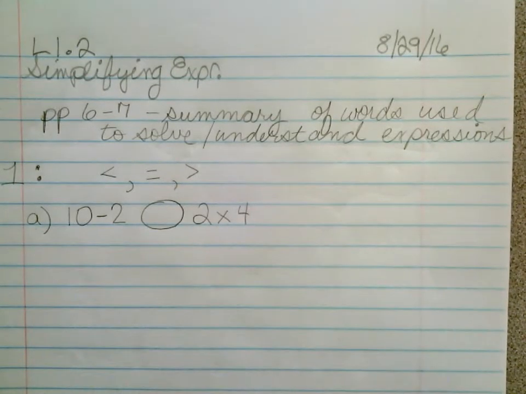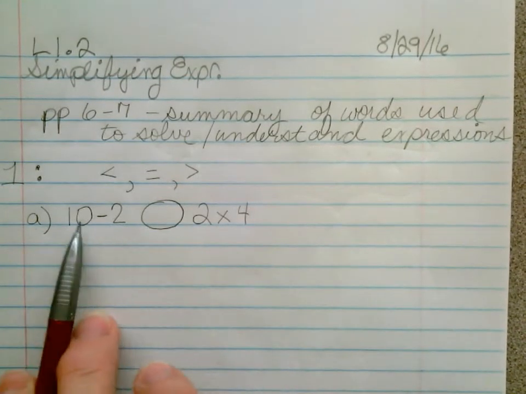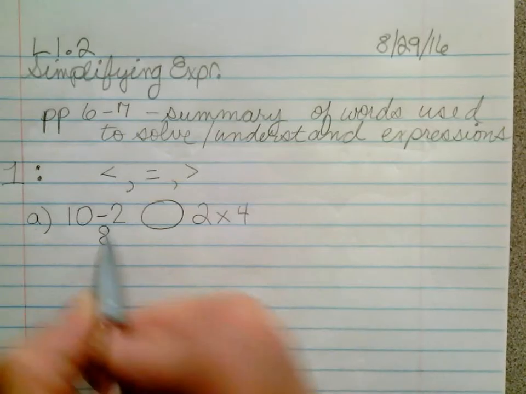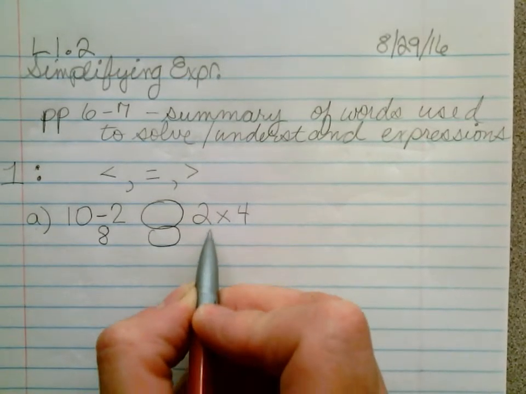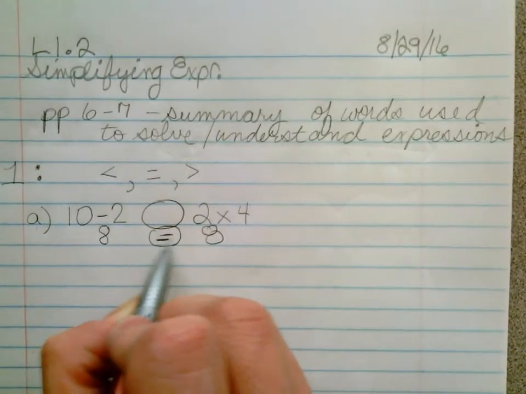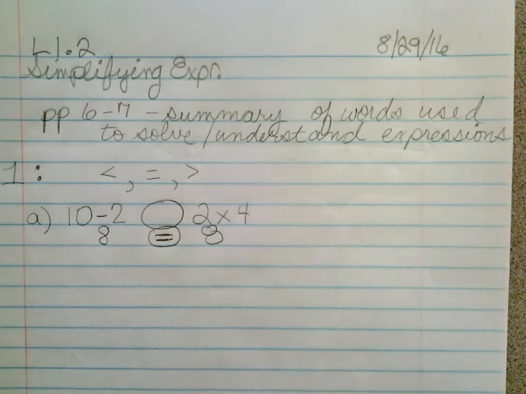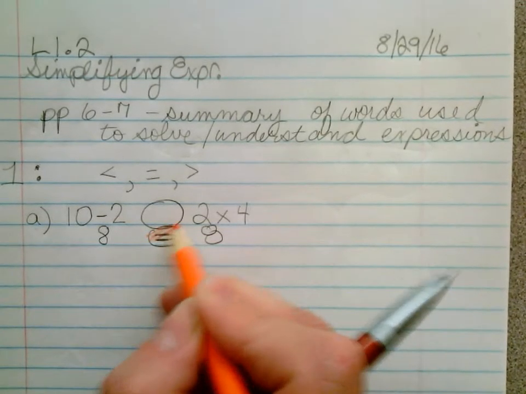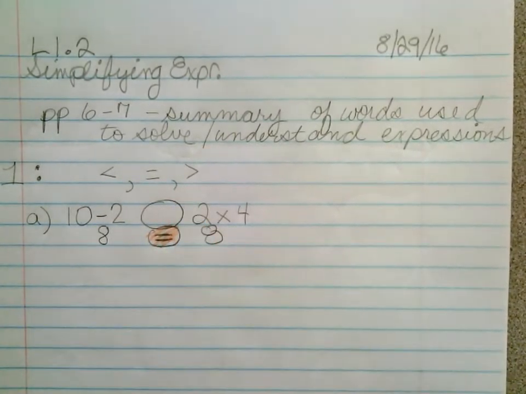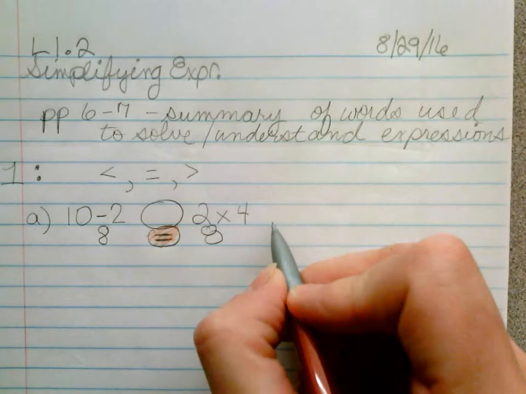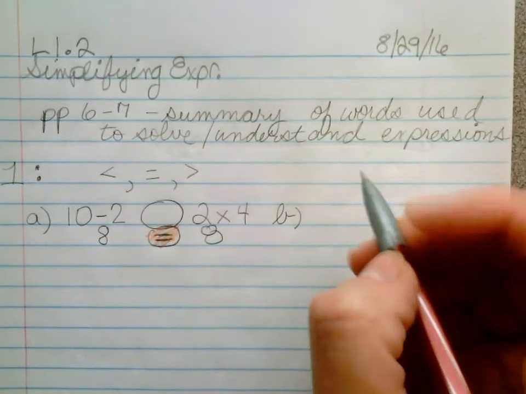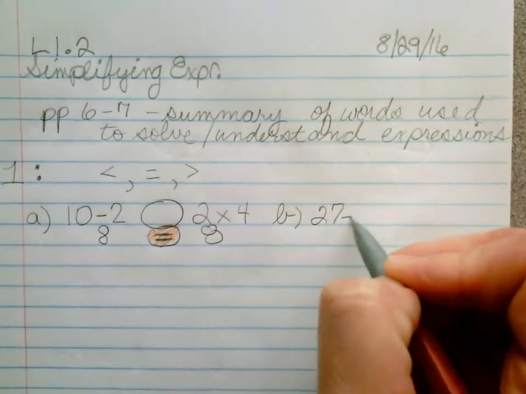Obviously, in order to ascertain which item you're going to use, you have to solve the left and solve the right. I would say everybody probably had no problem coming up with the equal sign, right? And letter B, a little bit more work, but really not much, nothing you can't do.